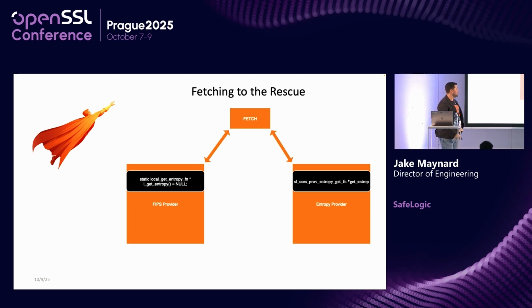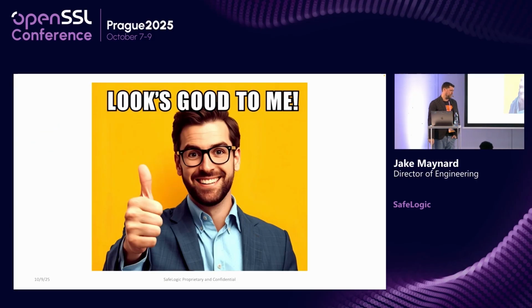So here on the left, we have a FIPS provider that has a function pointer that needs to be set at initialization to the preferred getEntropy API. The fetching capability provided as a common service to all is the real hero here. We use fetching to retrieve the pointer to the concrete location of the getEntropy API in the configured crypto-comply entropy provider, and voila, you have direct access. And there you have it.